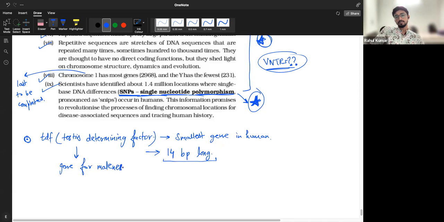So if the majority of the males on the planet realize this, they will be very humble. You know, there's nothing to boast about. Maleness comes from 14 base pairs, but male ego is bigger than the whole genome. Fragile but bigger, right? Yes.